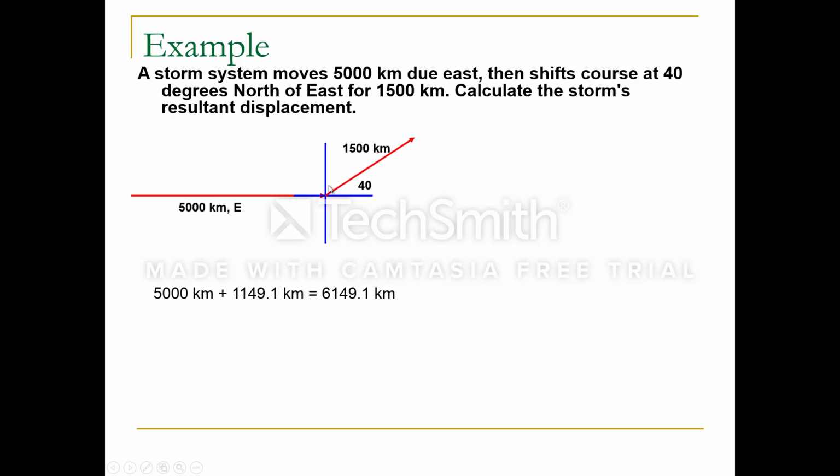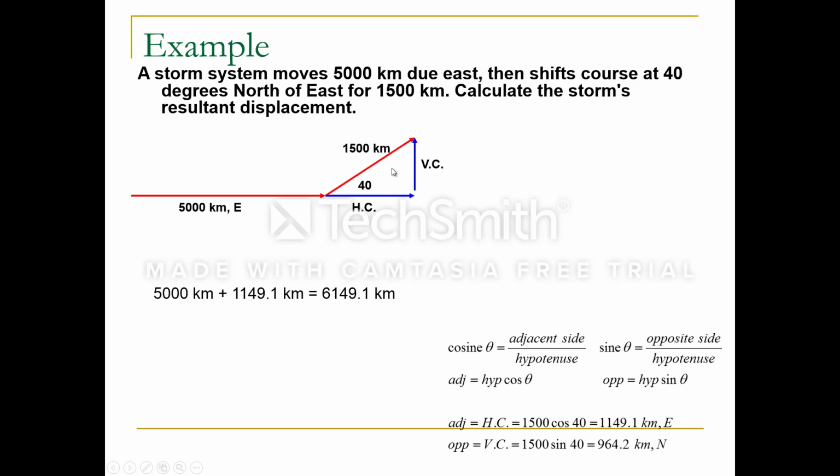Notice every time I'm doing the vectors, it's always tip to tail, tip to tail, tip to tail. So my resultant vector would go from the tail of the 5,000 all the way up to the tip of the 1,500. To do this again, I need to figure out my horizontal and vertical components of this 1,500 kilometer vector.